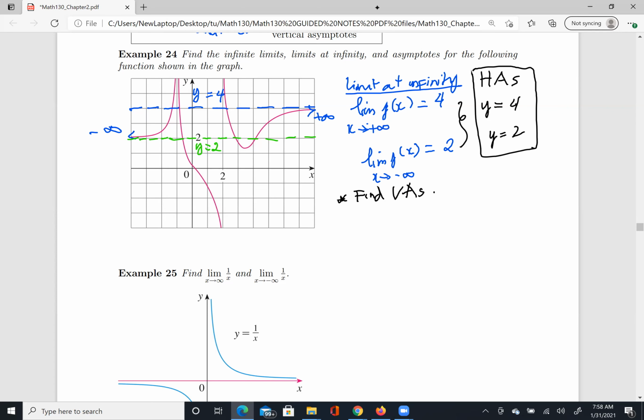So, in order to find the vertical asymptote, like when f(x) goes to negative or positive infinity, right? So you can see that when f(x) goes to positive infinity, over here, positive infinity, right?